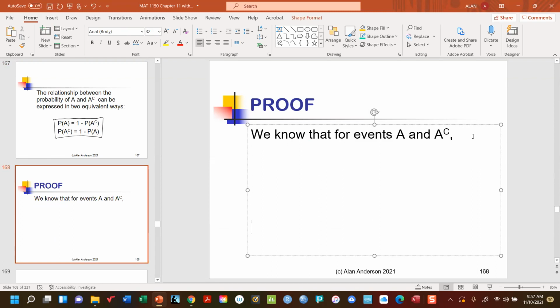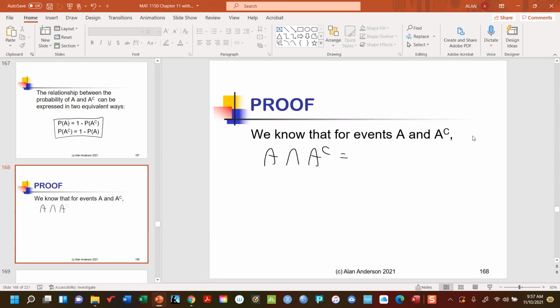This tells me that their intersection is empty and their union is the entire sample space.